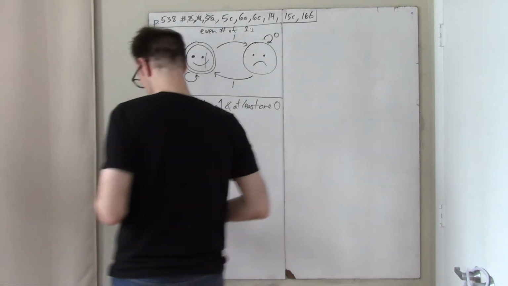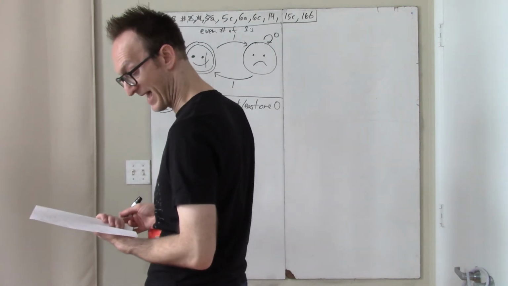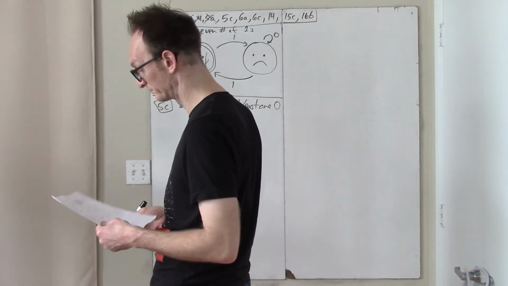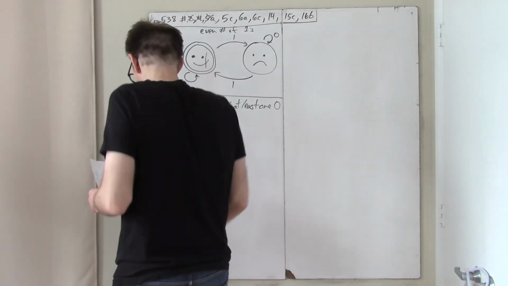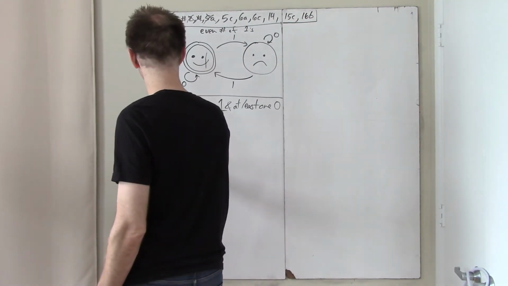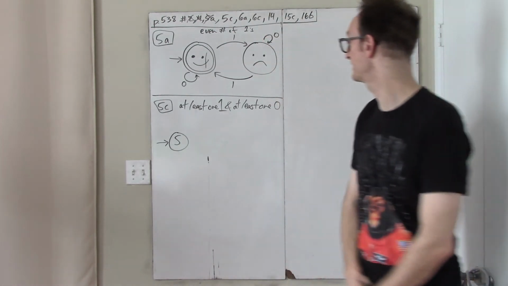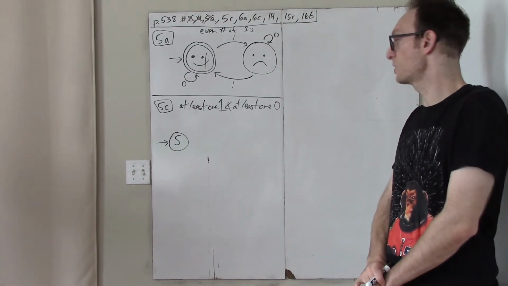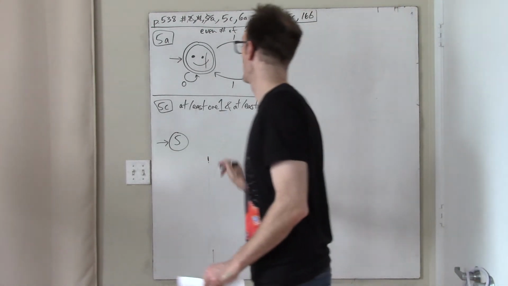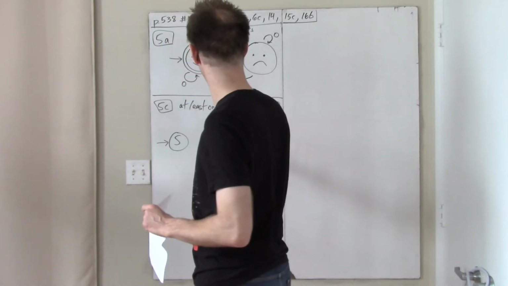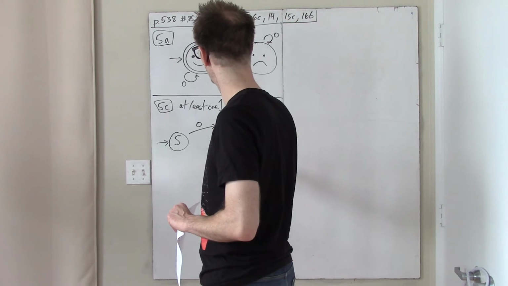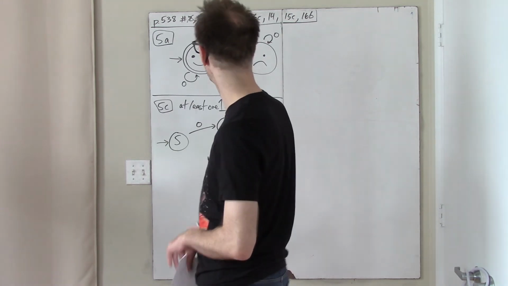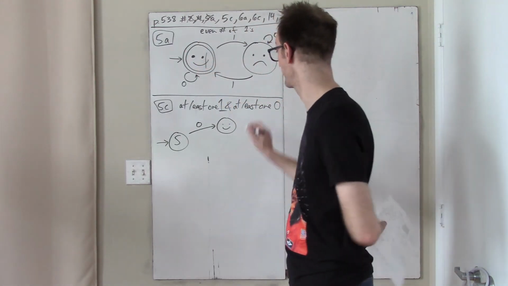Well, in this case, we should start sad. So here's my start state, and I'm sad, because in my start state, I have received no 1s and no 0s. But if I receive a 0, I should start getting a little bit happier, because now I have received a 0.